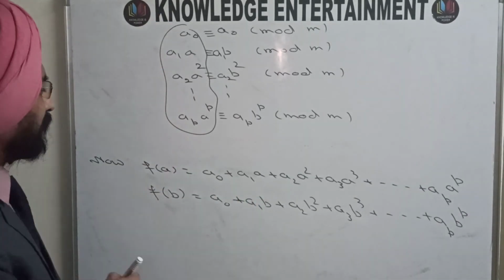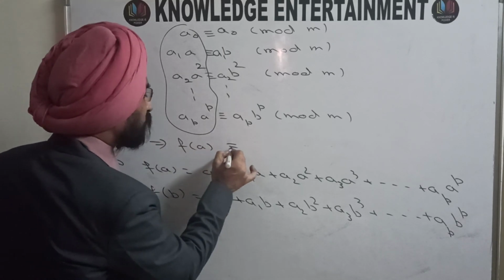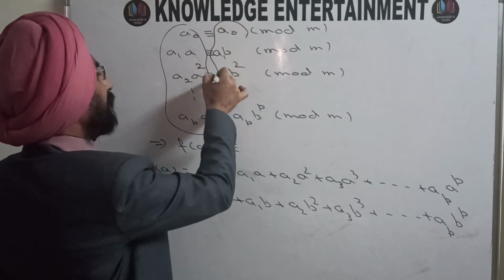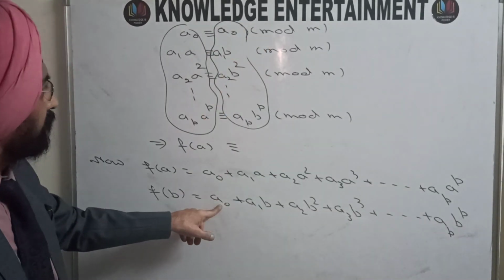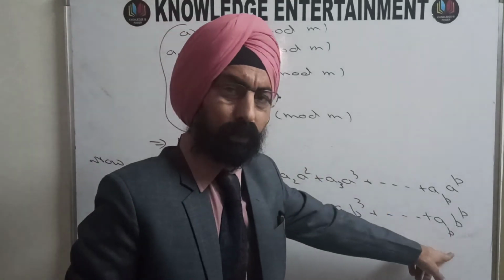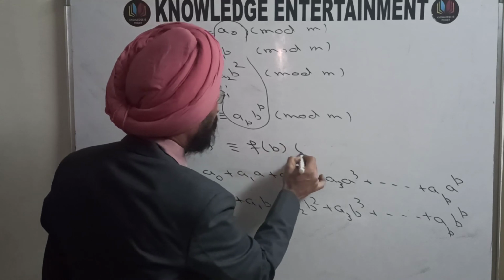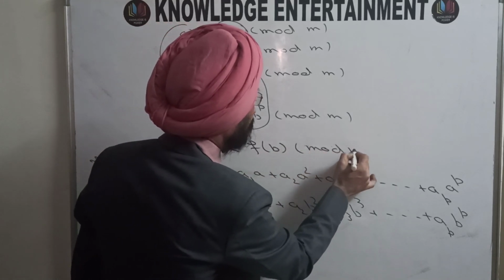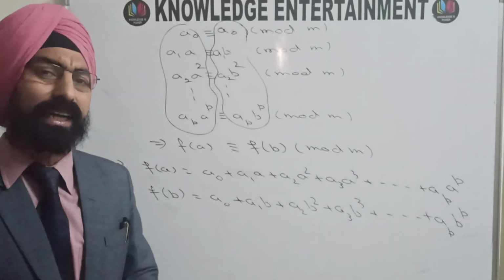So the sum of all these is f(a), which is congruent to the similar sum of all these, a0 plus a1B plus a2B square plus and so on plus ap B power p, which is your f(b). So f(a) is congruent to f(b) modulo M, and that was the required result to be proved. We have proved the result finally.